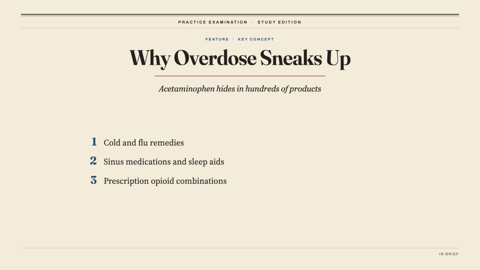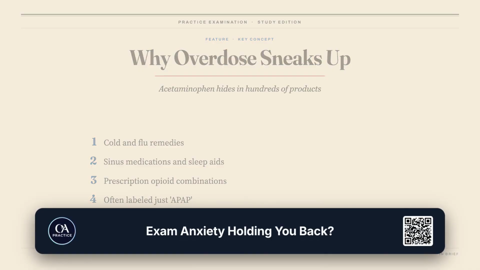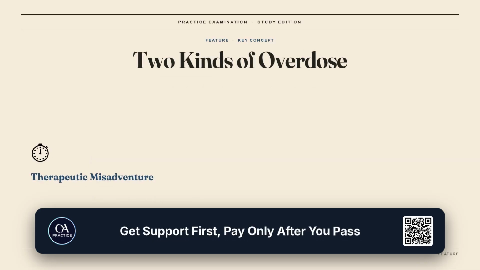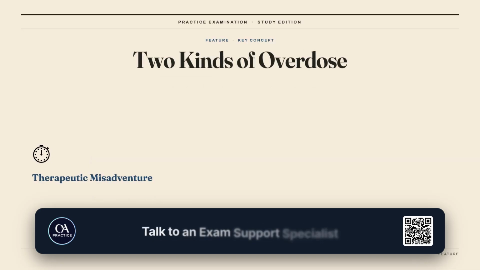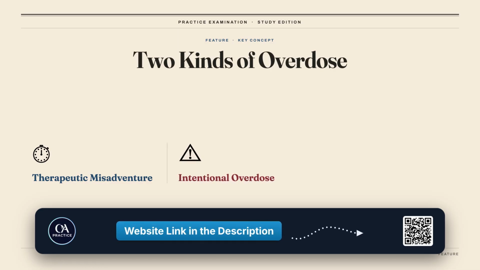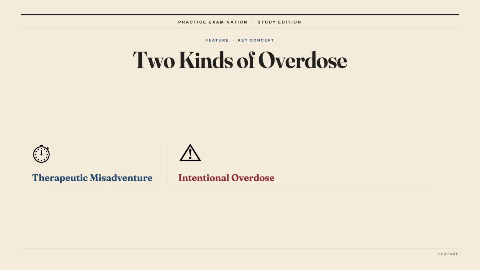A patient can stack several of these products for a bad week of symptoms and cross 4 grams without ever intending to overdose. Repeated excess dosing over days is called therapeutic misadventure, distinct from intentional overdose, which is usually one large ingestion. Both cause the same liver injury, but the early phase is nearly silent, so feeling fine is never proof of safety.